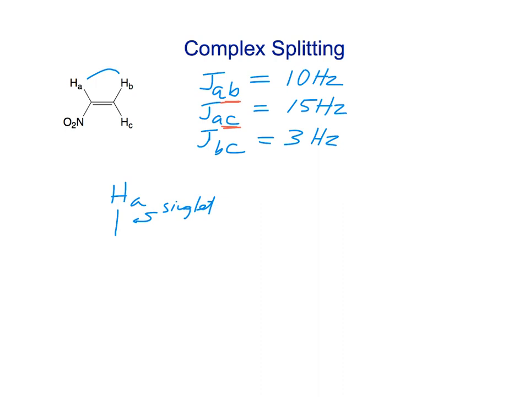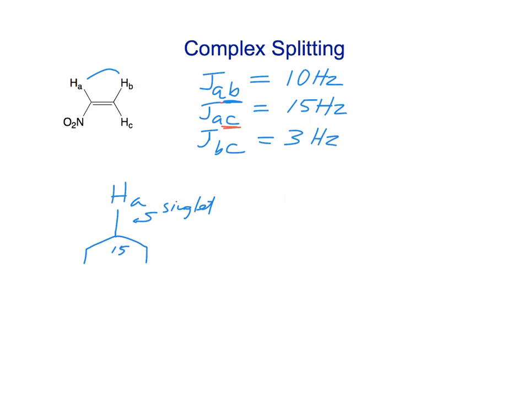So we're going to split this into a doublet, some arbitrary distance here, but we're doing the big one first, and we're going to say that this distance is 15 hertz. Now, this doublet that we just generated can get split again by the AB splitting. And so we're going to split each of those now by 10 hertz.